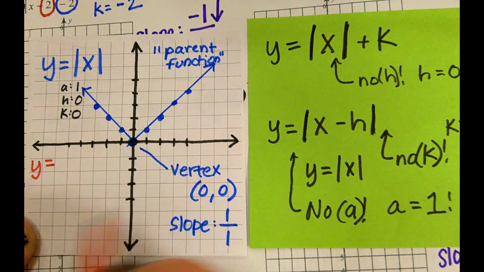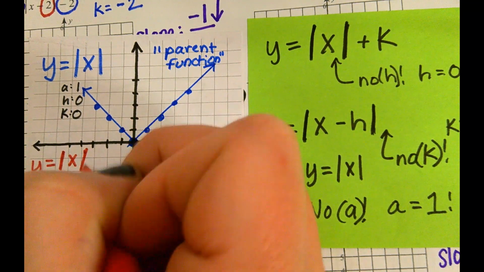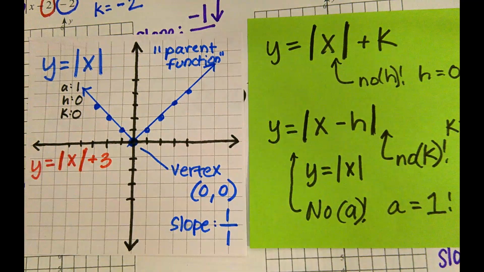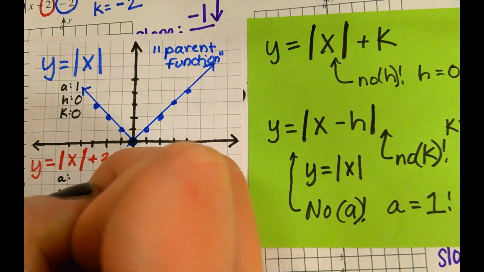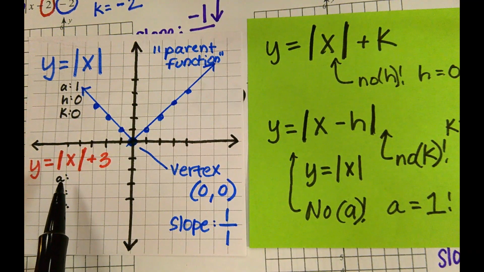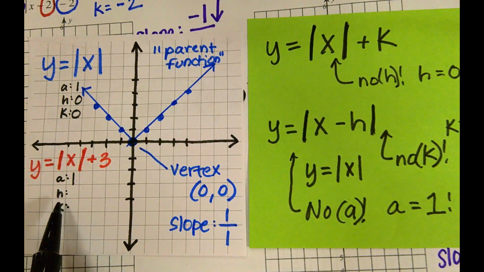So let's try y equals absolute value of x plus 3. Now, A, H, K. What is my A? 1. What is my H? 0.